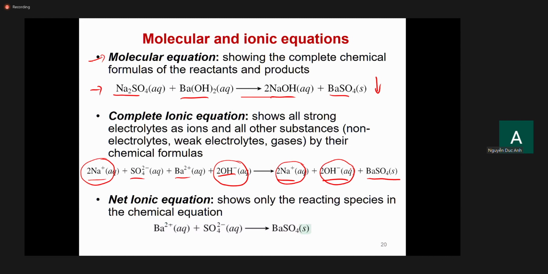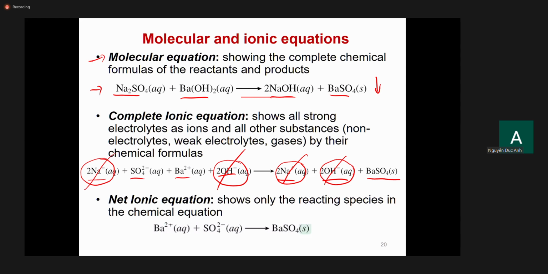So what should you do? Very simple. If you have that ion on the left side and also that ion on the right side, this means that it's not important in this reaction, right? So let's cancel that. And after canceling them, you will get another kind of equation we call the net ionic equation.